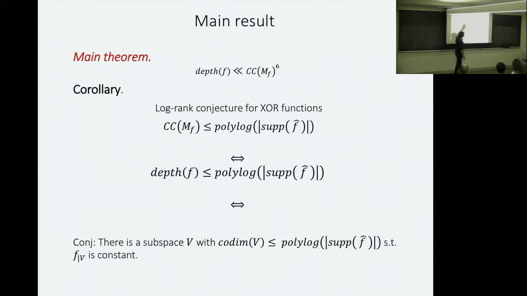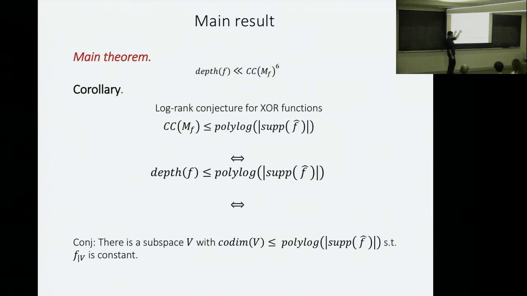So this is the Lagrange conjecture. Now we know that this is at most a polynomial in communication complexity. So this corresponds to the following, it is equivalent: that the depth of the decision tree is at most polylogarithmic in the number of non-zero Fourier coefficients.